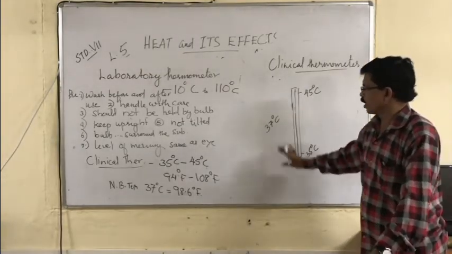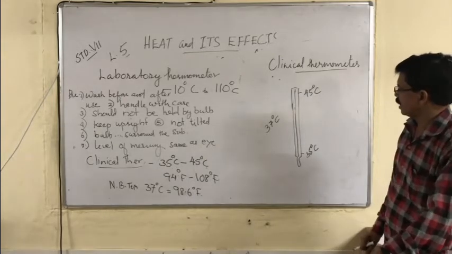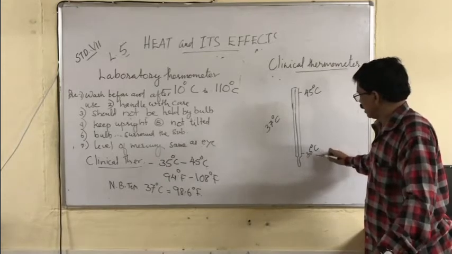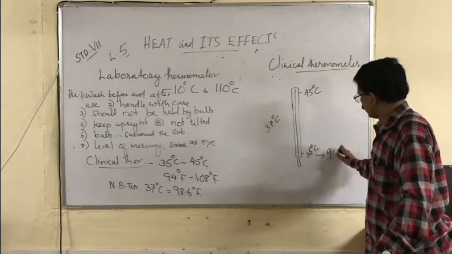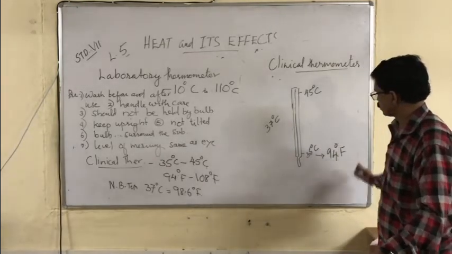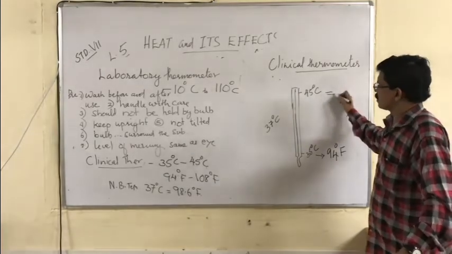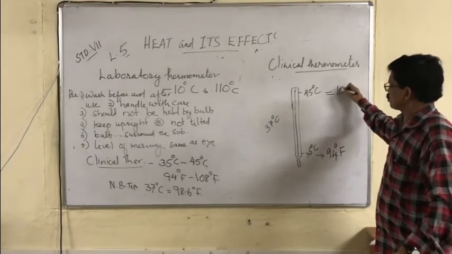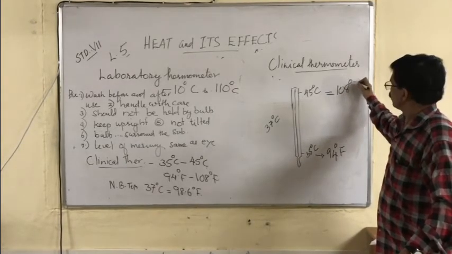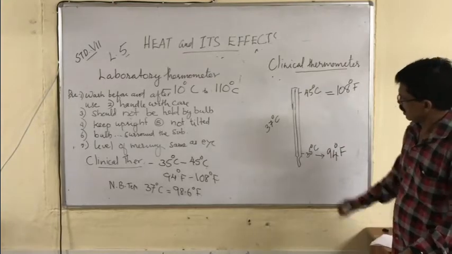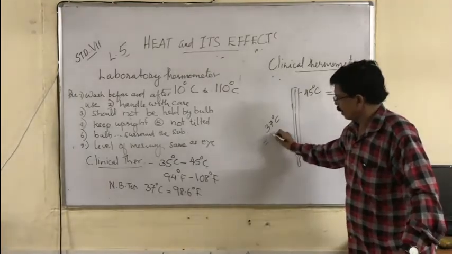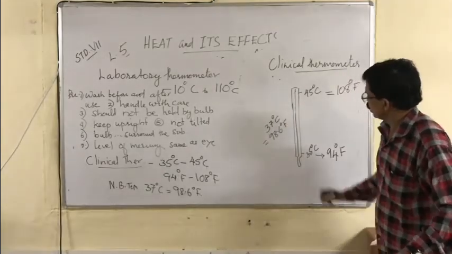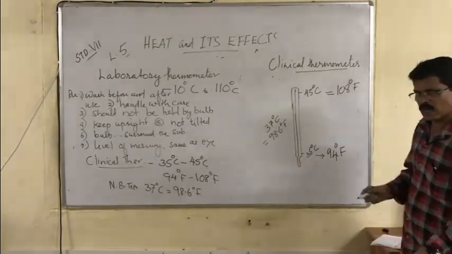Now, 35 degrees Celsius is 94 degree Fahrenheit, 45 degrees Celsius is equal to 108 degree Fahrenheit, and 37 degree is equal to 98.6 degree Fahrenheit.